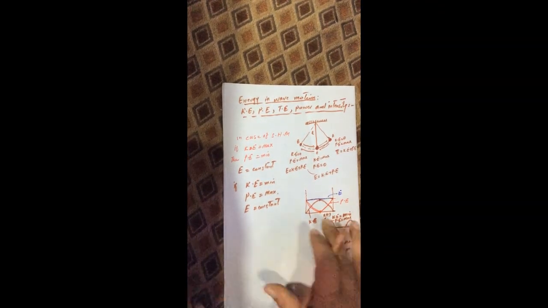Here at this point, kinetic energy is maximum, while potential energy is minimum. This is simple harmonic motion. Here on this side we have the displacement, and on this side we have the angle theta. So this is all about simple harmonic motion.